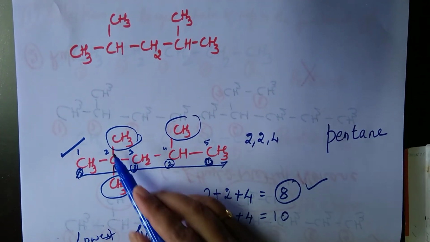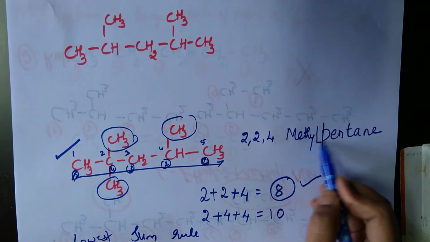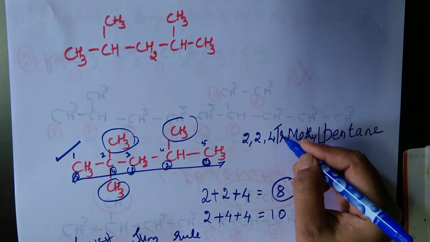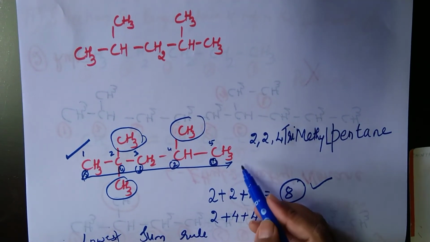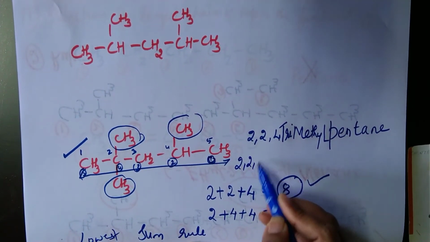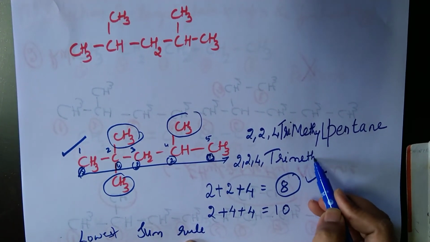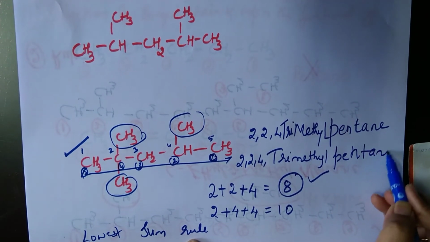Which are the substituents present? Methyl. So just write methyl. And how many methyl groups are present? 3. Hence, you have to use the prefix trimethyl. So the name of the molecule is 2, 2, 4-trimethylpentane.